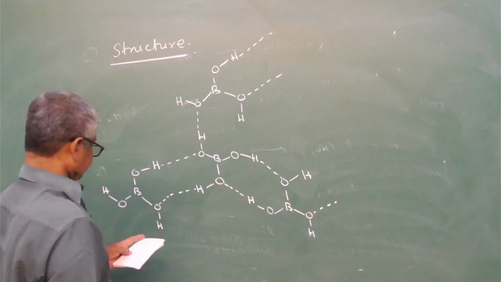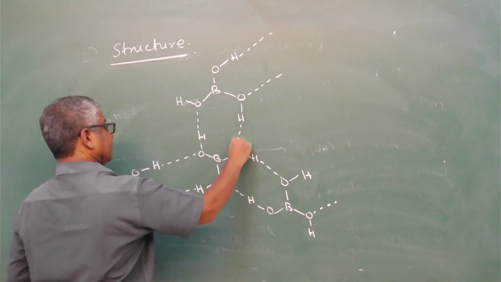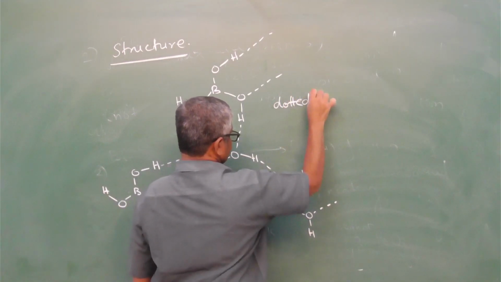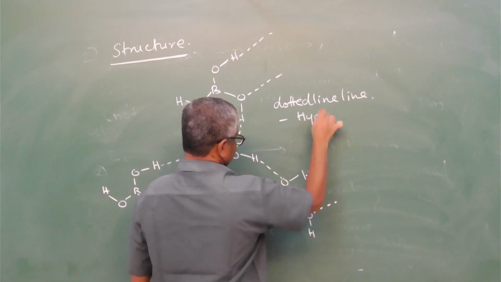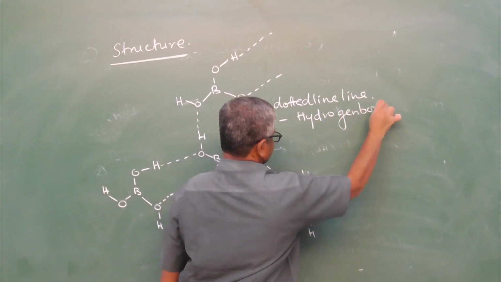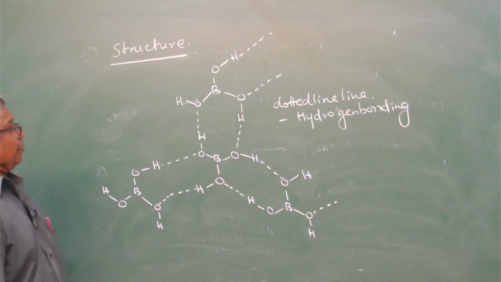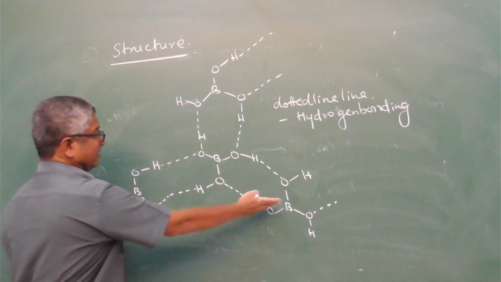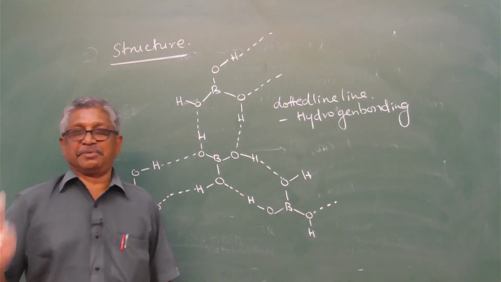So this is the structure, and the dotted line indicates hydrogen bonding. One molecule of boric acid, a second molecule of boric acid, and a third molecule of boric acid, and four molecules of boric acid get connected through hydrogen bonding.